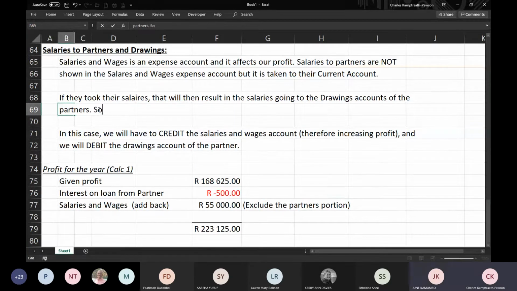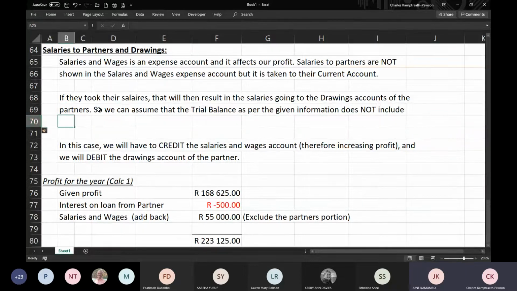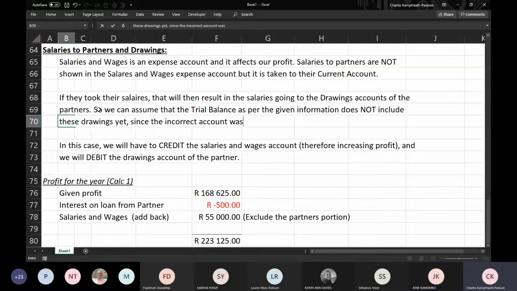We can assume that the trial balance as per the given information does not include these drawings yet, since the incorrect account was debited.